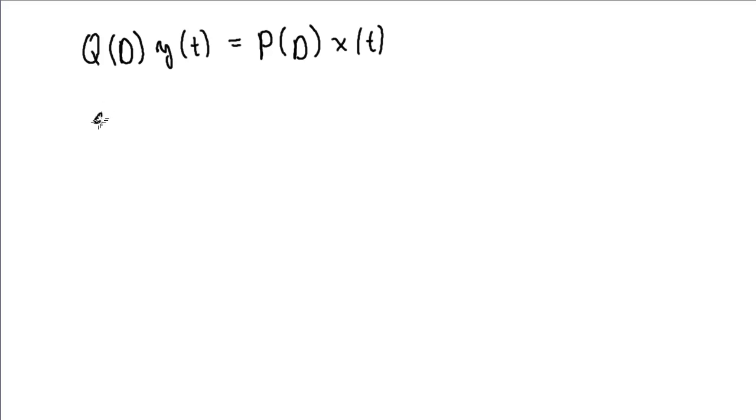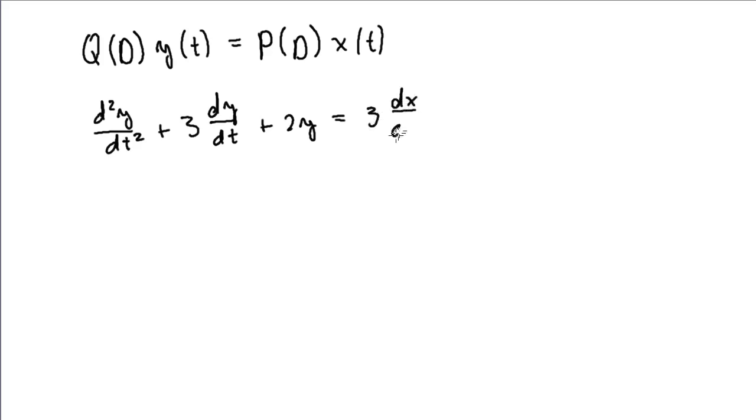So for example, if I had d squared y dt squared plus 3 dy dt plus 2y equal to 3 dx dt, the corresponding Q polynomial directly from the left-hand side, because my highest order derivative here is a second order derivative, would be D squared plus 3D, pulling the 3 down here, plus 2.